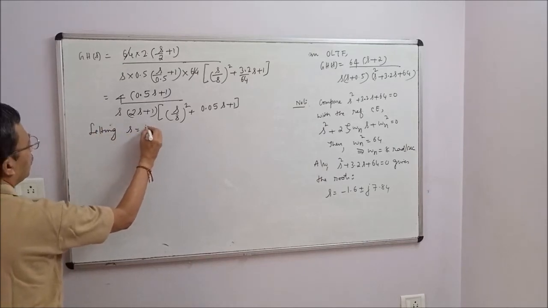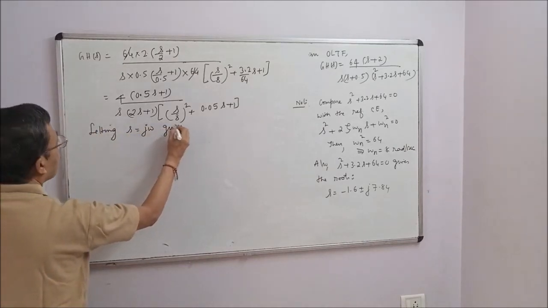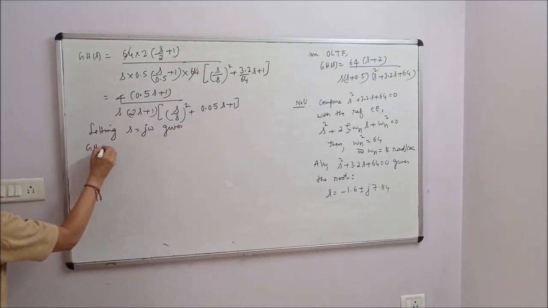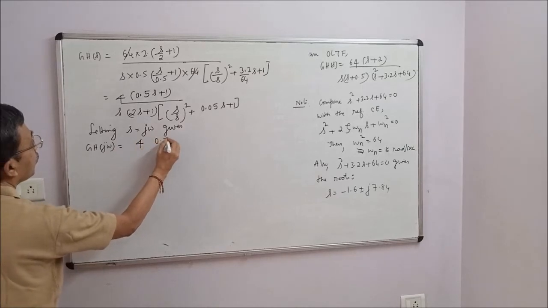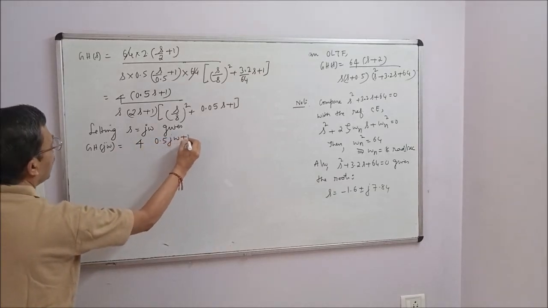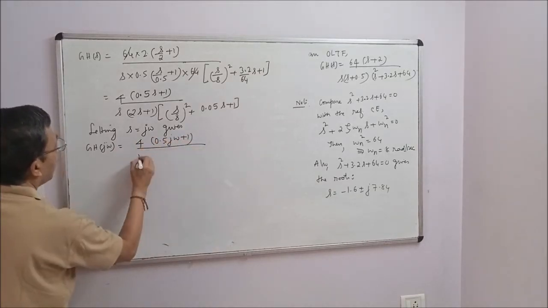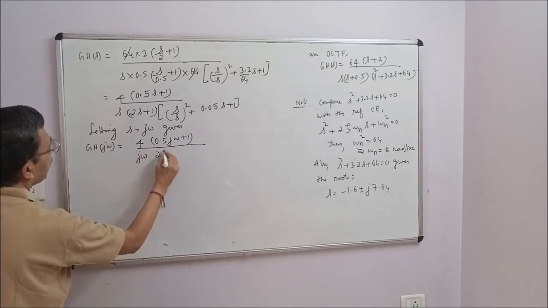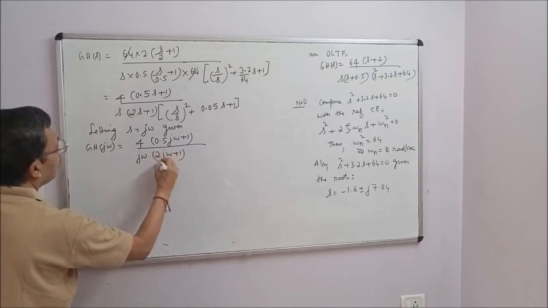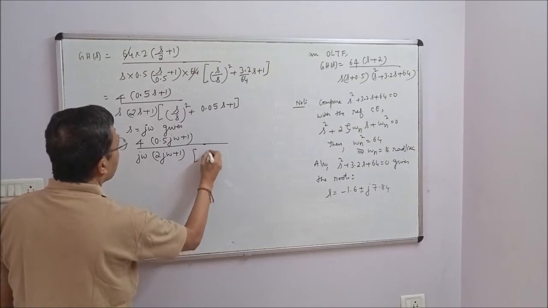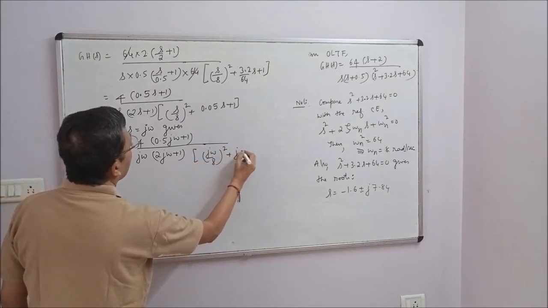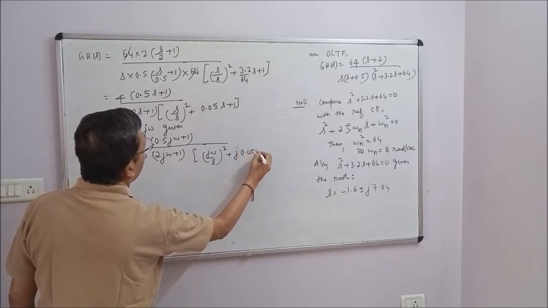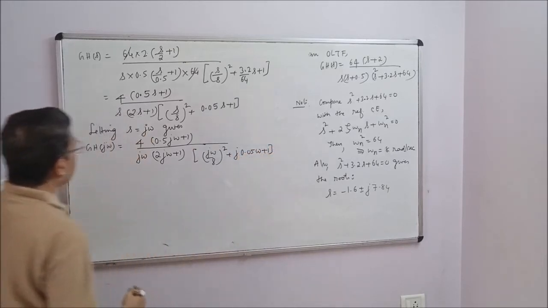Letting s is equal to j omega gives GH of j omega is equal to 4 into 0.5 j omega plus 1 divided by j omega into 2 j omega plus 1 into j omega by 8 whole square plus j into 0.05 omega plus 1.